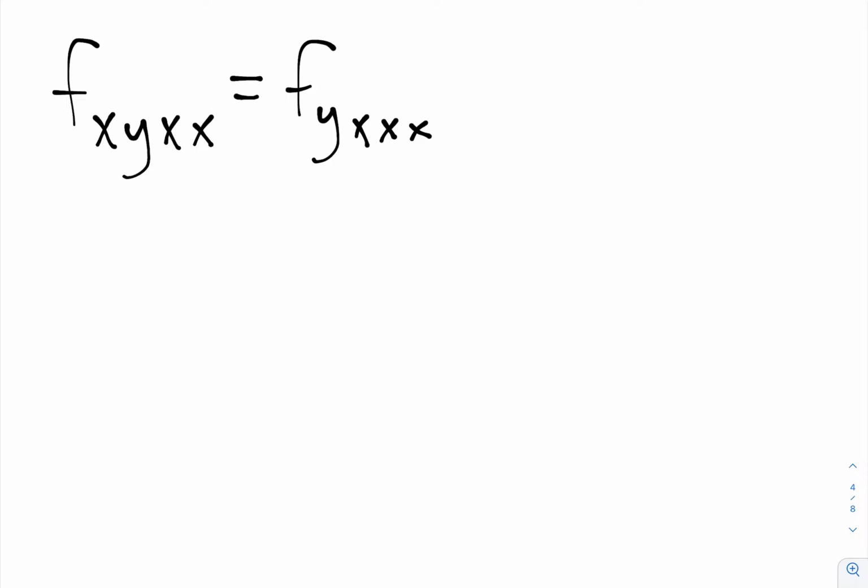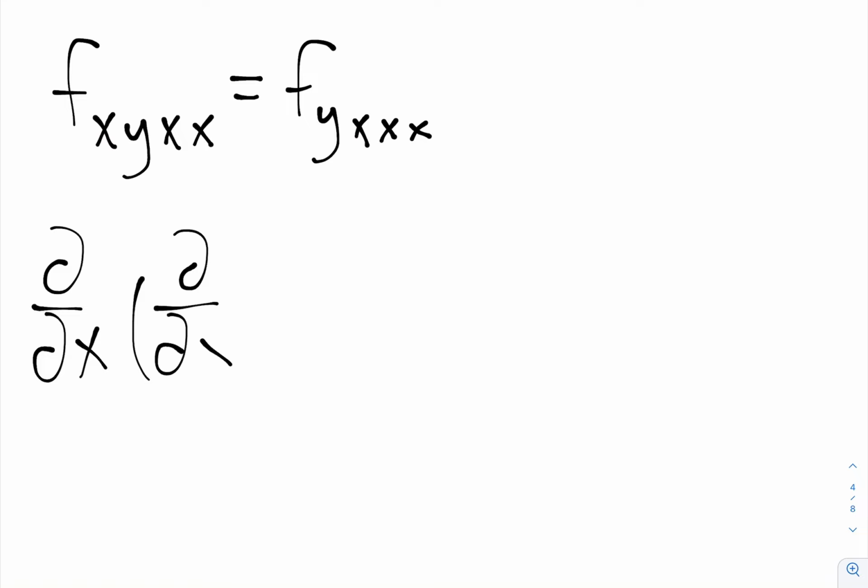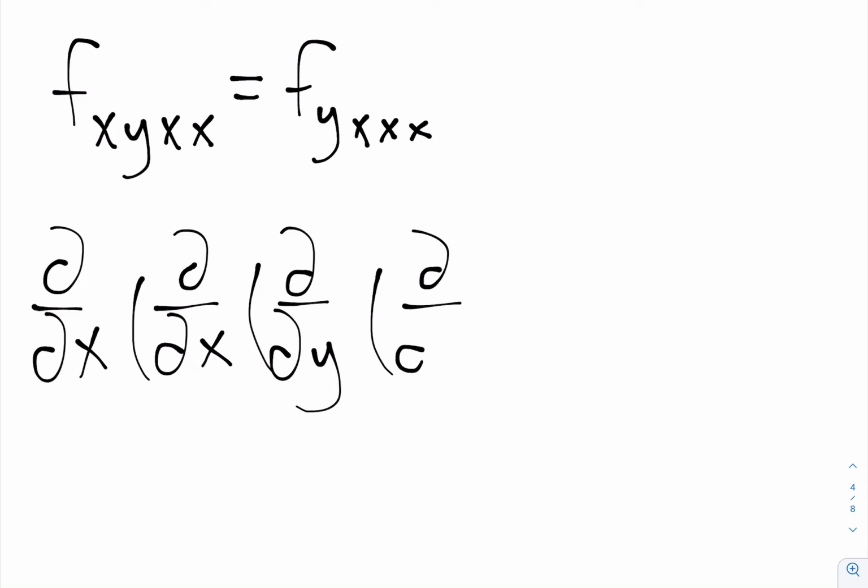So we go partial by partial x of, and then the next one is x as well. So partial with respect to x here. Next one is y. So partial with respect to y. And then the last one is x on the very left. So it's partial f with respect to x.